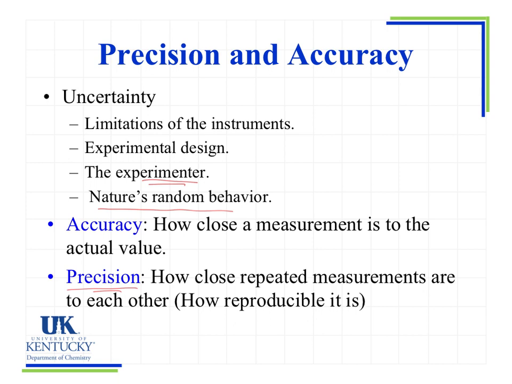You might have 4 measurements very close together, but all of them close to 9, for example, while the actual value is 10. It means that you're precise, you get around 9 all 4 times, but you're not accurate because the actual value is 10. Okay, so let's see some examples in the next slide.